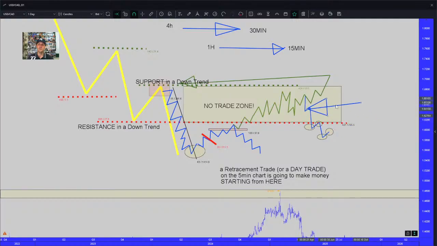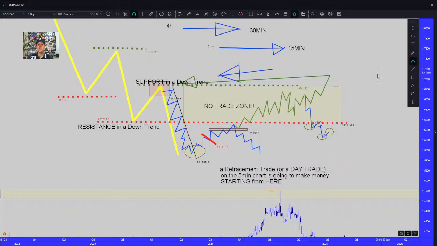The bears won this fight, and the third variable is that the bulls are going to win, and the market is going to break out, breaking the relevant high of the down market wave, of the down structure.